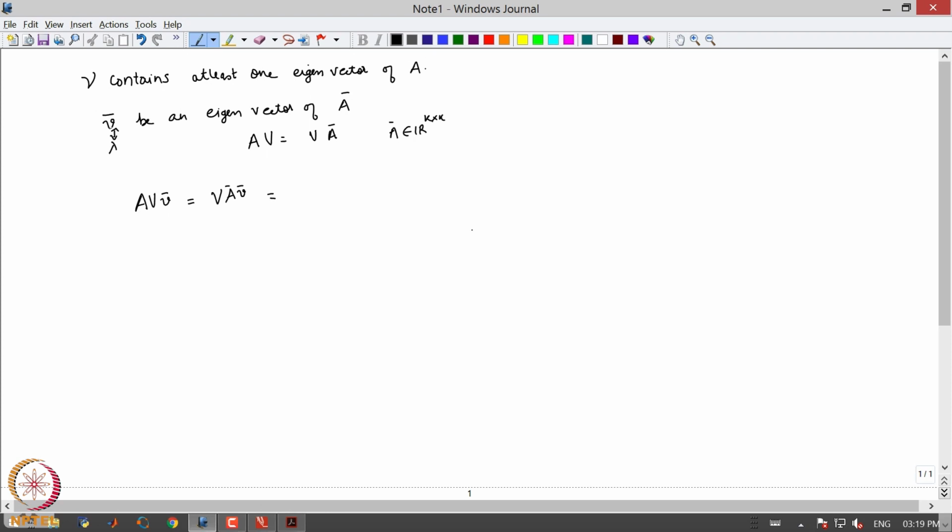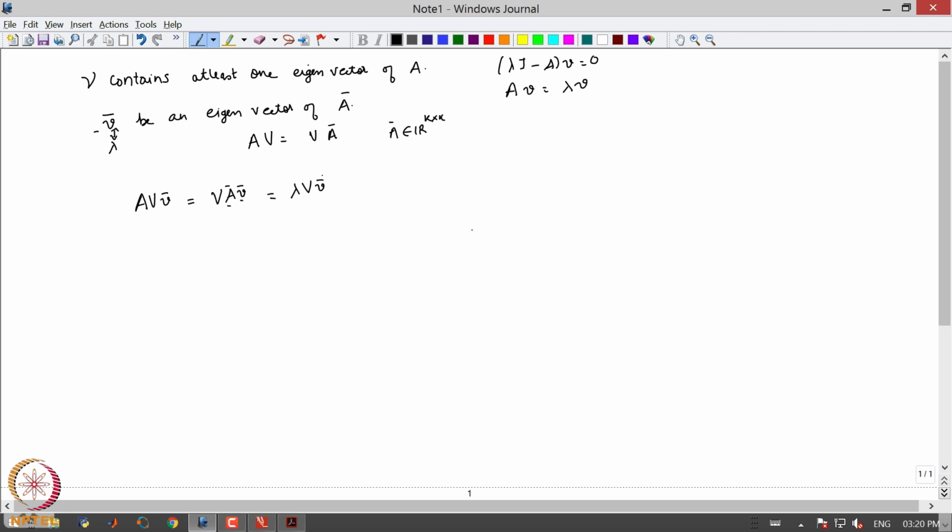So, in general how do I write eigenvectors? Lambda I minus A times v is 0, or in other words A times v is lambda v. So, this will then turn out to be lambda times v bar, because v bar is an eigenvector of A bar, and the V capital will be as it is.